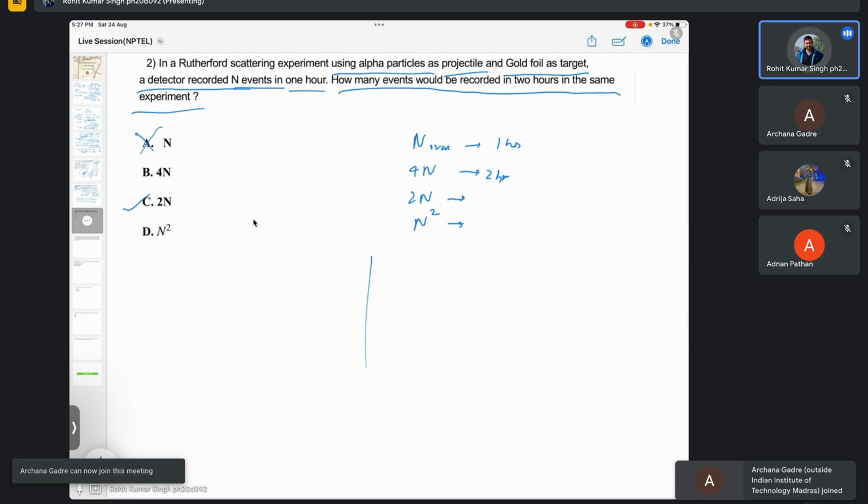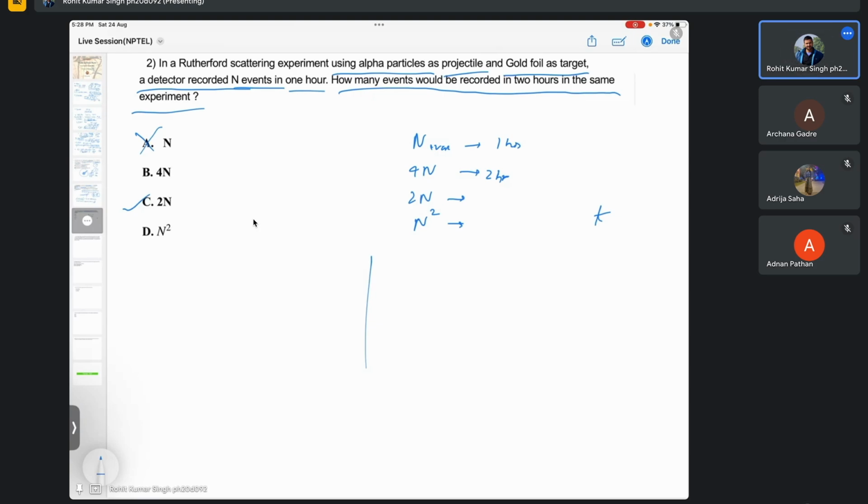If you would have something time dependent in that equation, but any scattering doesn't depend on time, right? With time nothing changes. Statistically it should be independent, the first hour and the second hour.